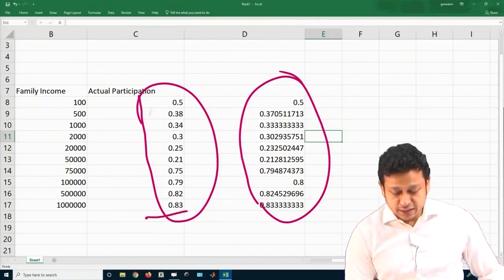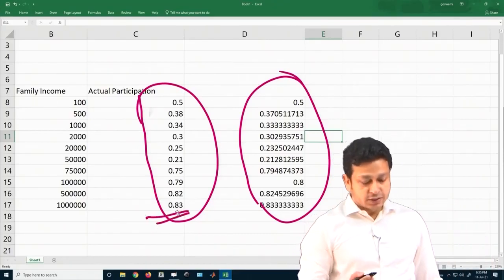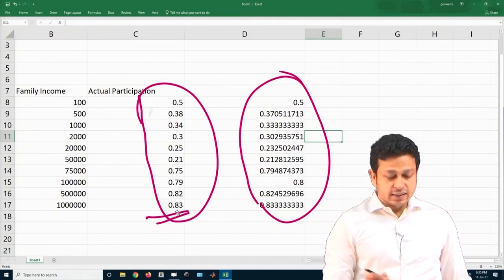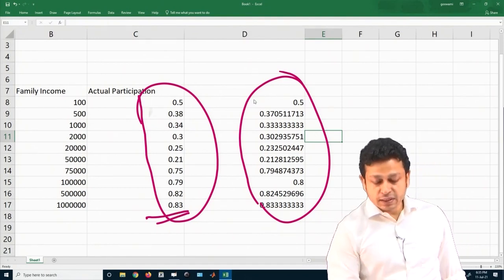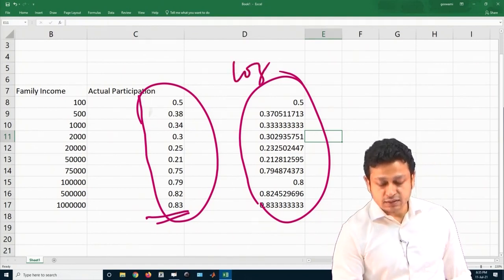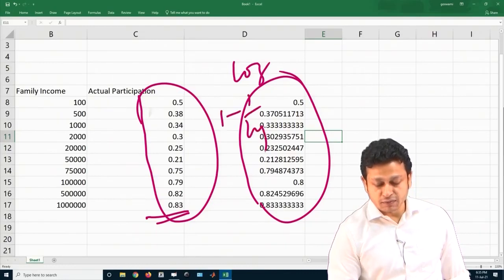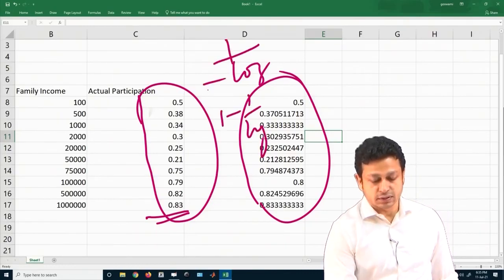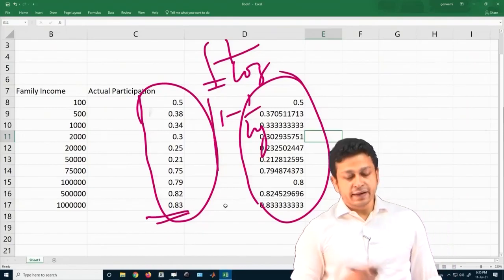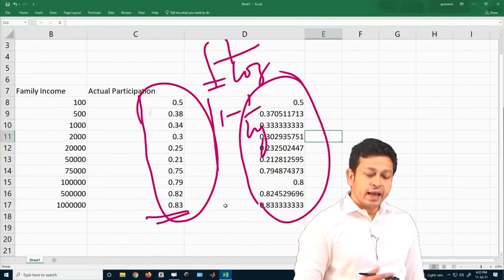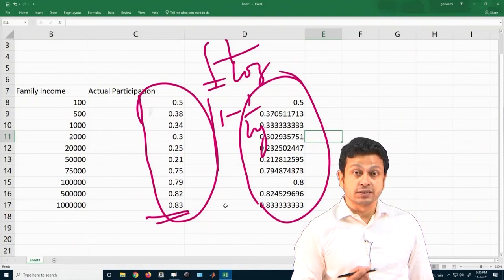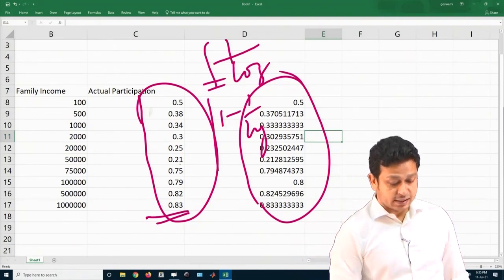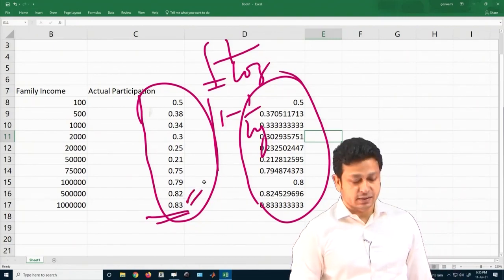This part is already realized in your sample, you actually see that these numbers are there, but when I am creating this log function or 1 minus 1 by log function, these two functions, I am actually predicting, I no longer am getting this data from the actual samples, right.